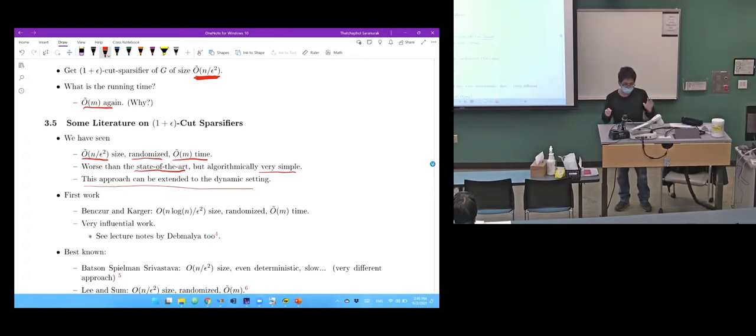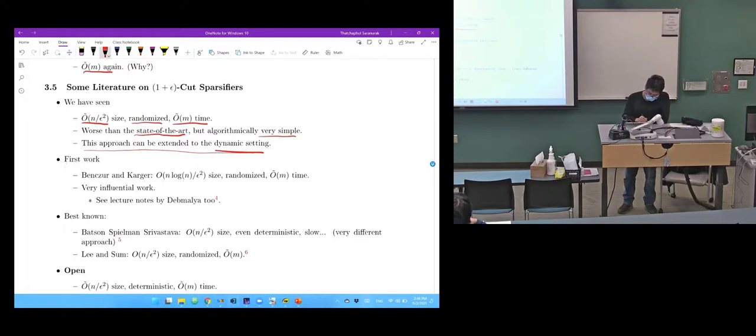You can see that because everything is so local here, for each edge, you just compare the degree of the endpoints. Things can be done dynamically when the graph changes. Anyway, this is for maybe later.